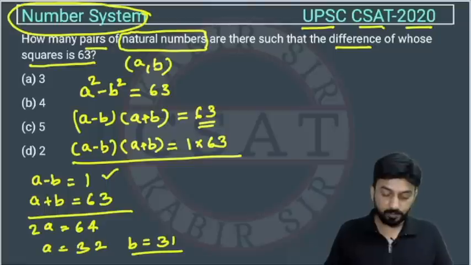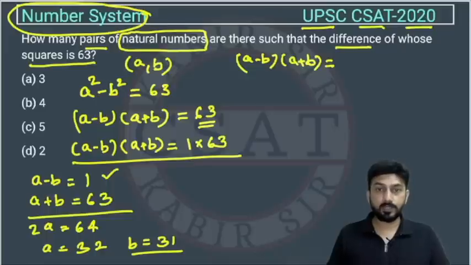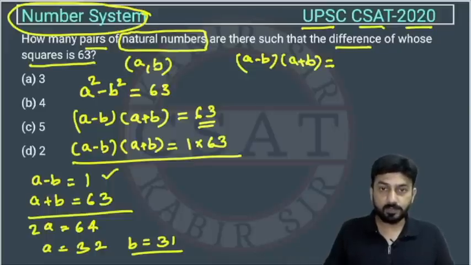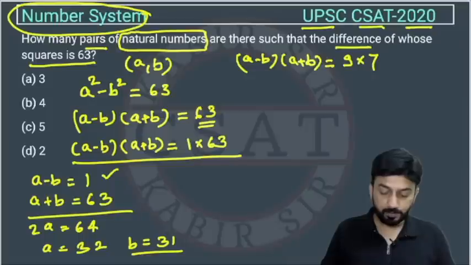Now the second possibility is A minus B and A plus B, right? We have to take a factor of 63, right? So what are the factors of 63? It could be 9 into 7, right? 9 times 7 is 63. Okay. Now the same concept you have to apply, like A plus B will be 9 or A minus B will be 9, right?